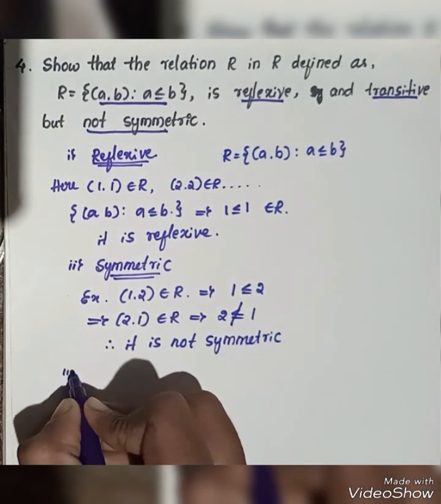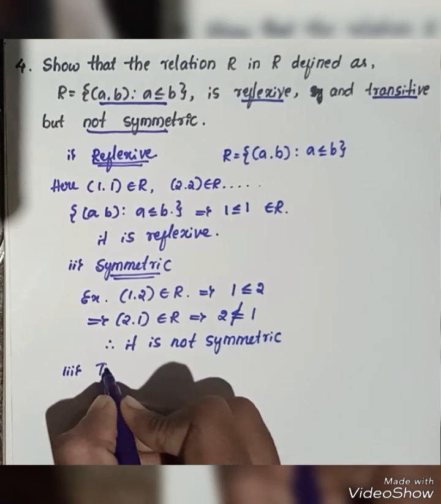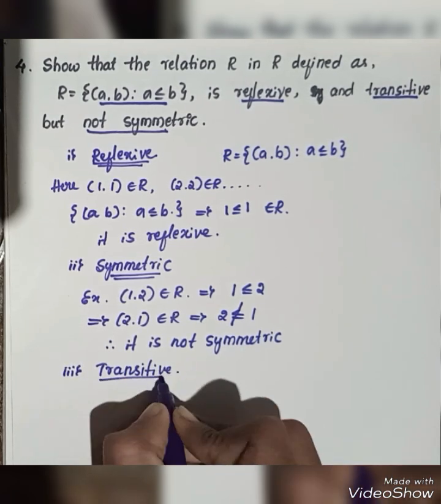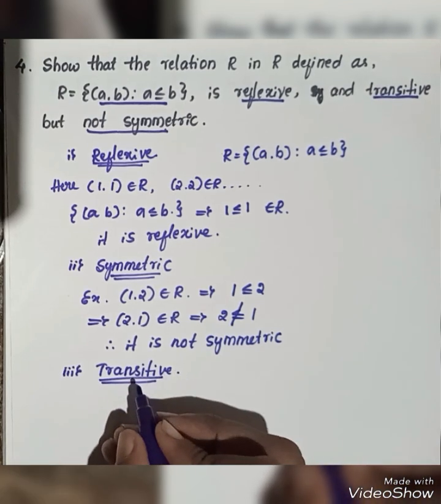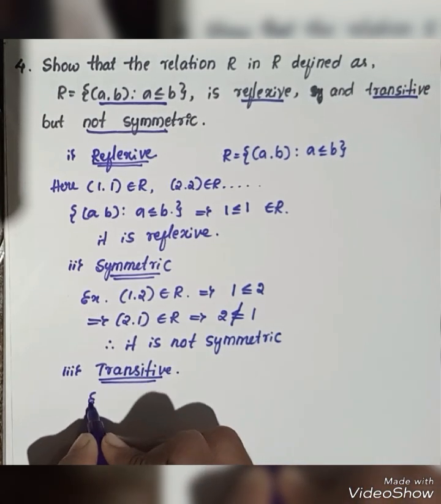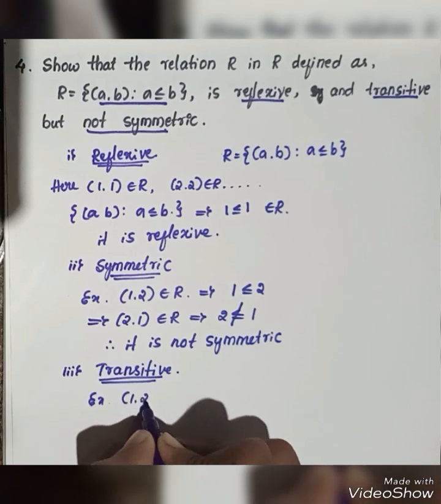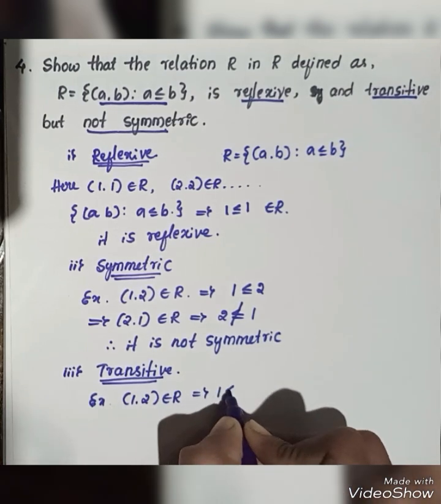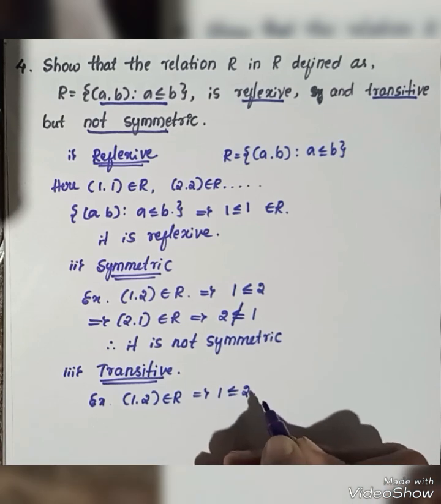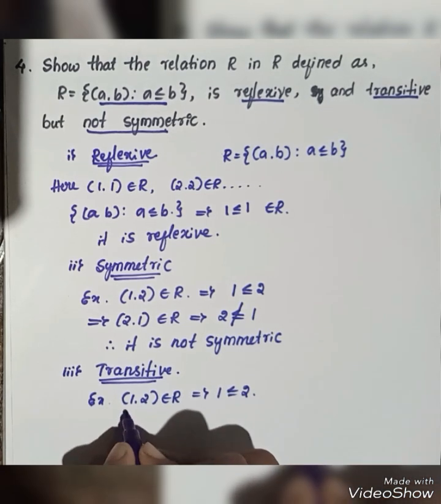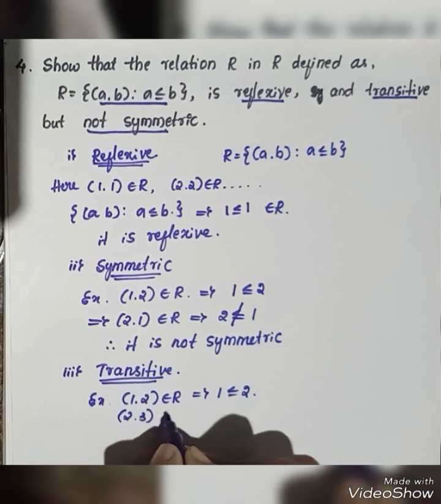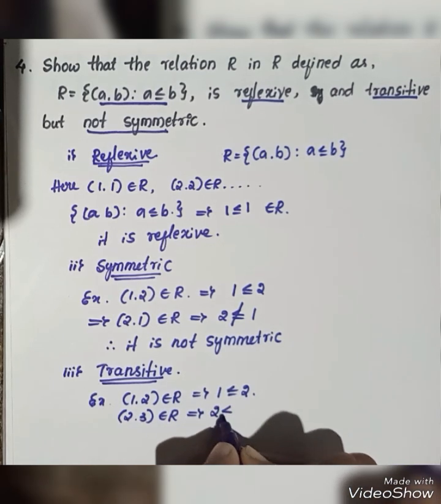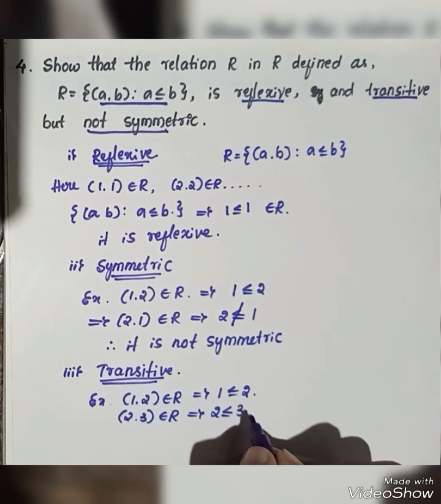Again checking for the third condition, transitive. Taking an example, (1, 2) belongs to R such that 1 is less than or equal to 2. Again taking (2, 3) belongs to R, that implies 2 is less than or equal to 3.